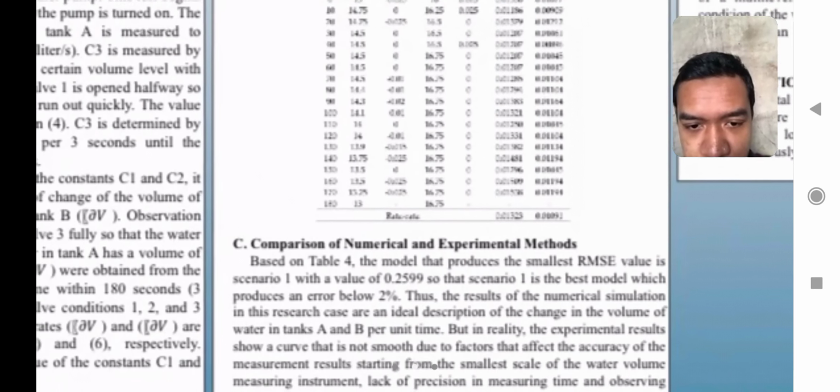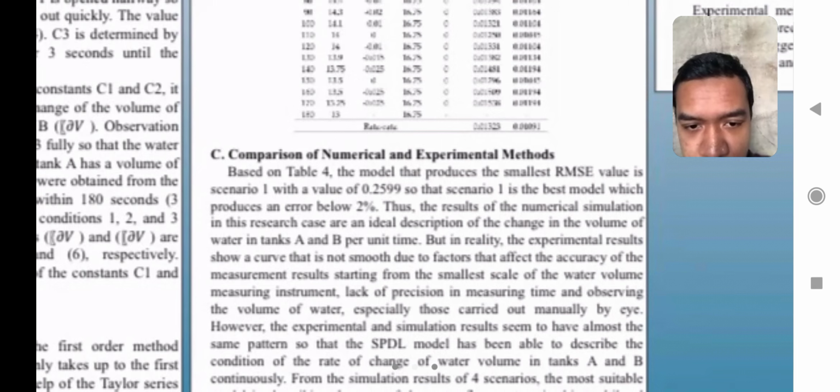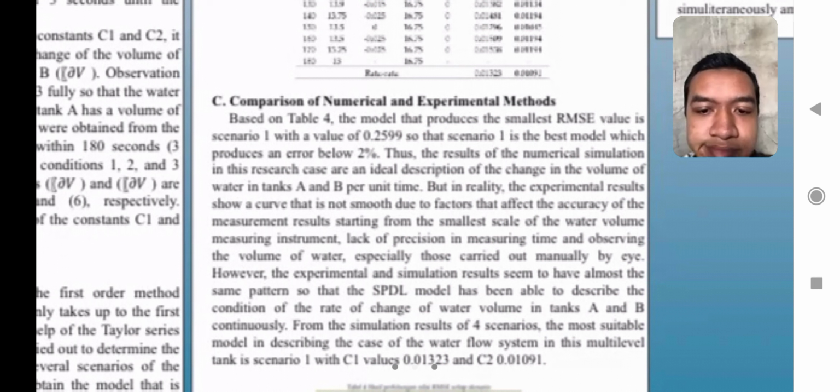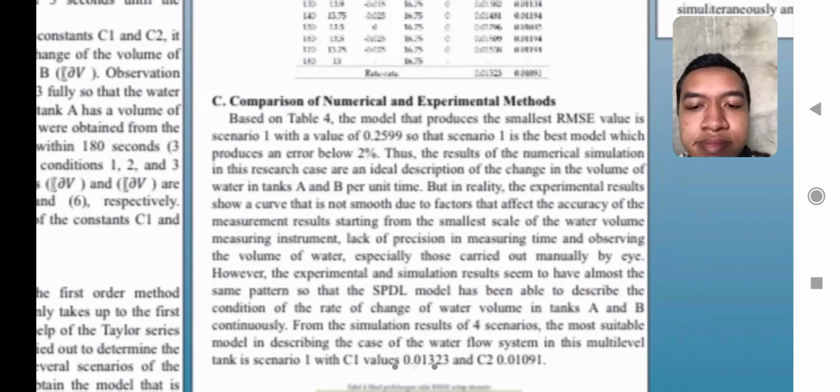And then point C, comparison of numerical and experimental methods. Based on table 4, the model that produces the smallest RMSE value is scenario 1 with a value of 0.2599.